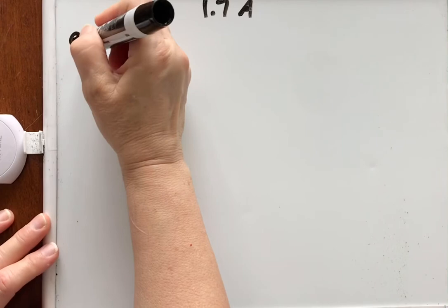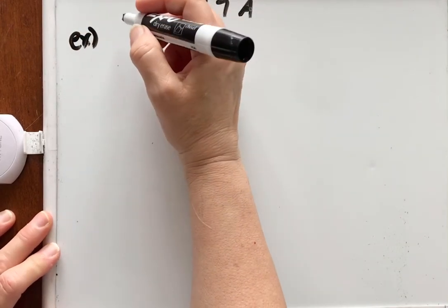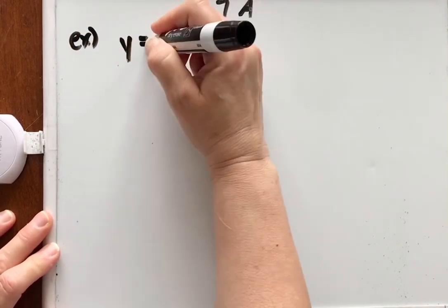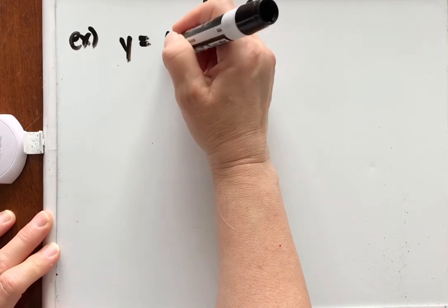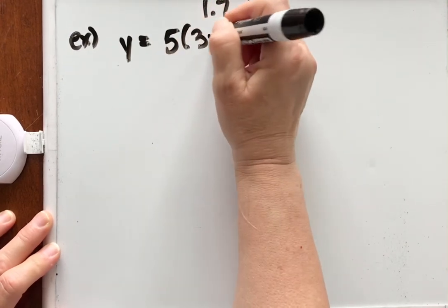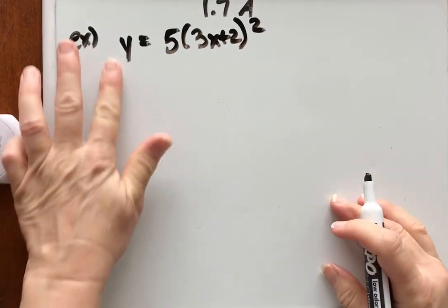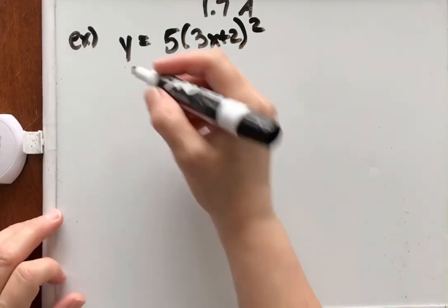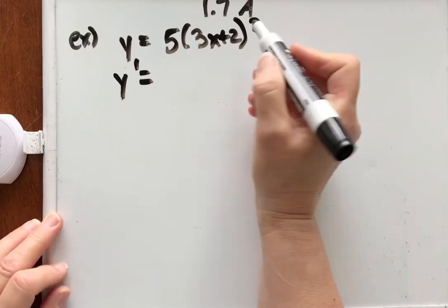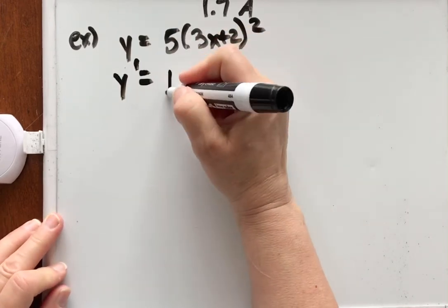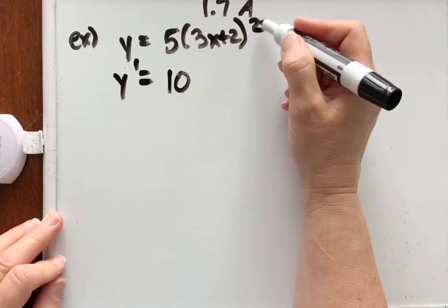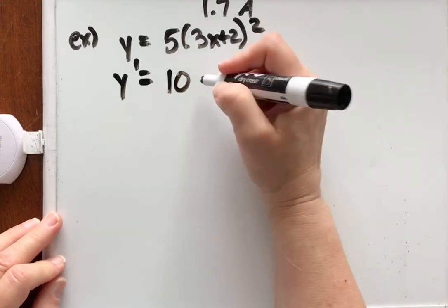Okay, here's an example. We have y equals 5 times (3x plus 2) squared. We're going to apply the chain rule. Y prime equals 2 times 5 is 10. Take away 1 is just 1.